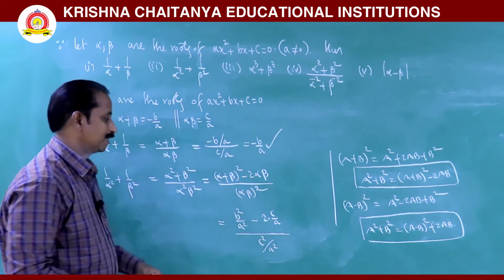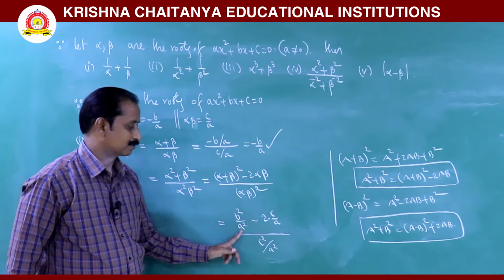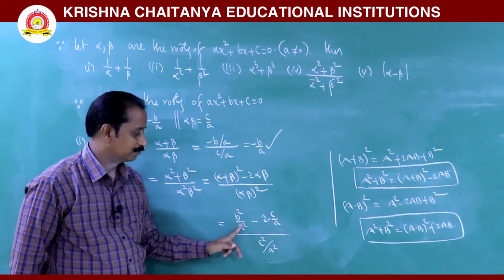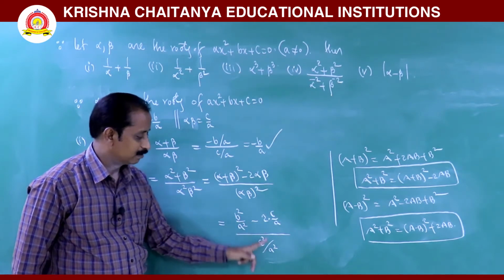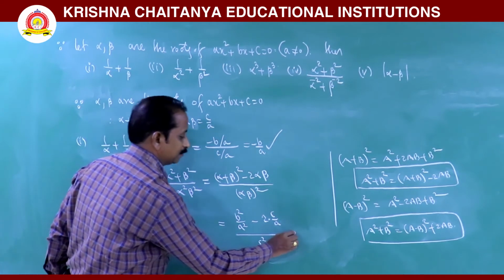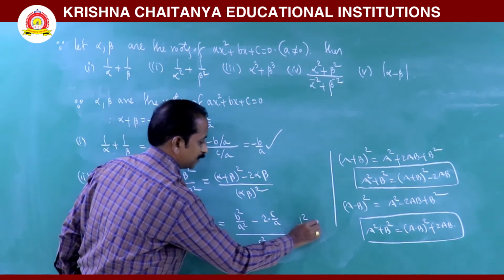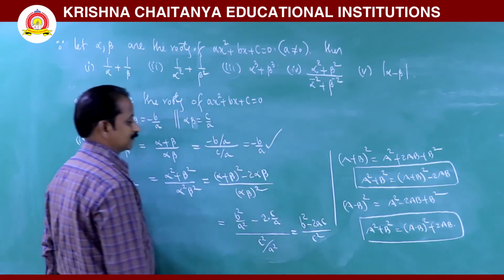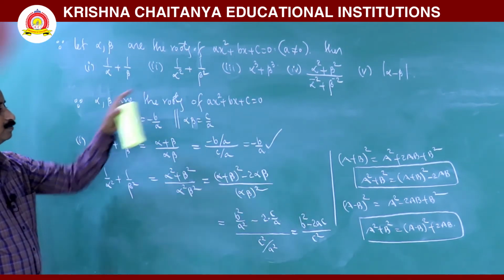Now numerator LCM a square, denominator already a square. After LCM, the a square terms in numerator and denominator get cancelled. What is remaining? b square minus 2ac divided by c square. This is sub question 2.